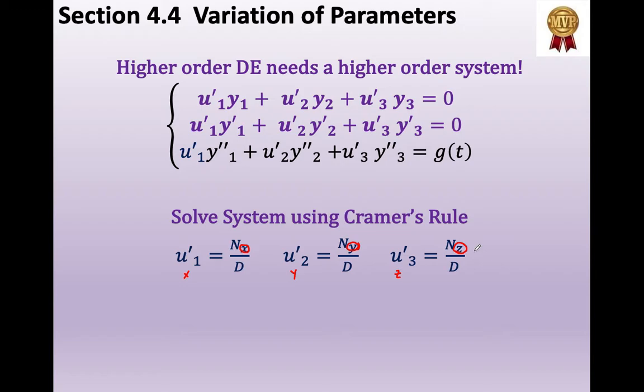How do we go from there to getting u's? We integrate, right? And again, I'm going to drop this notation shortly, but for right now, just to keep consistent with the warm-up, I left this nx, ny, and nz, and d for denominator.